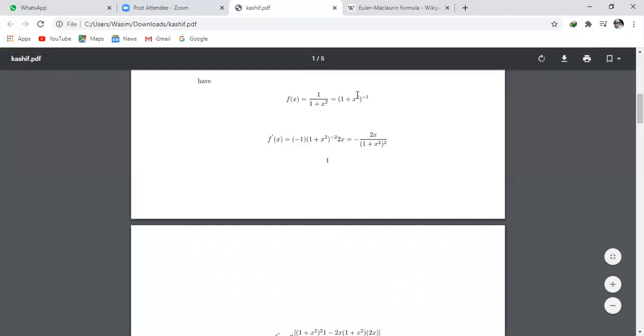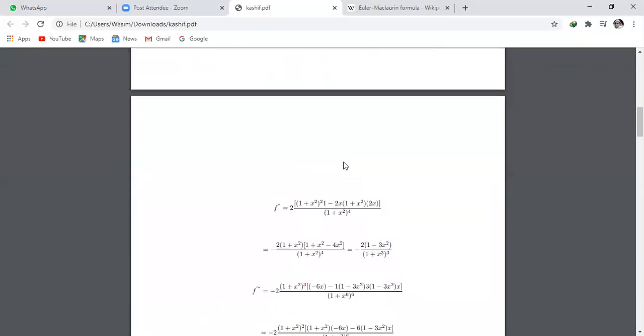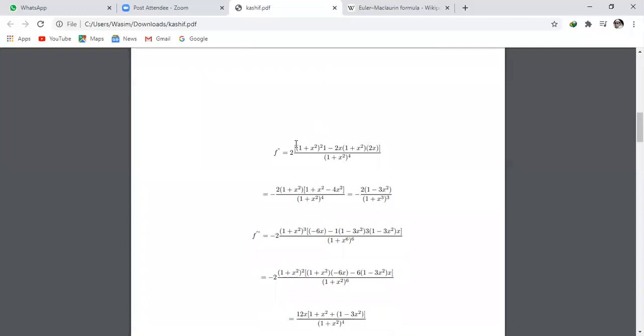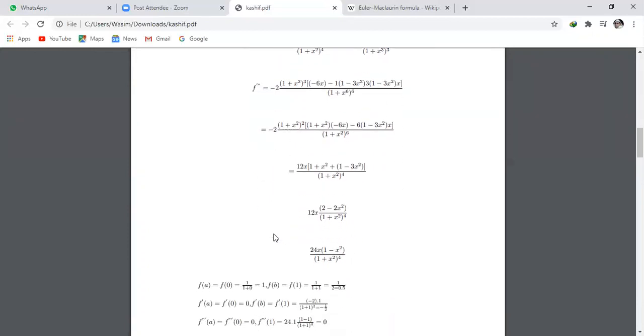When we have a power, first we write the power and subtract 1 from the power, and then the derivative of the inside term. So it is minus 2x divided by, below, the term 1 plus x square whole square. In the same way we find the second derivative and the third order derivative, whatever is required in our question.